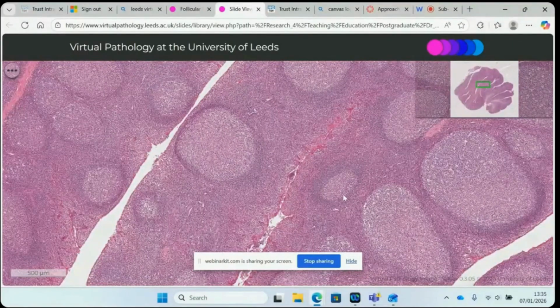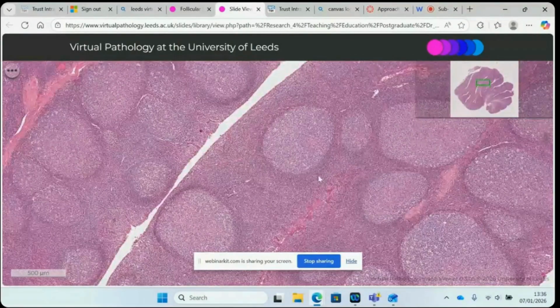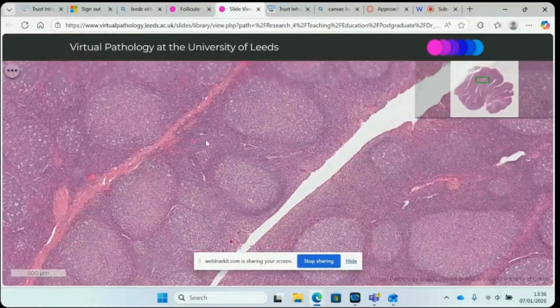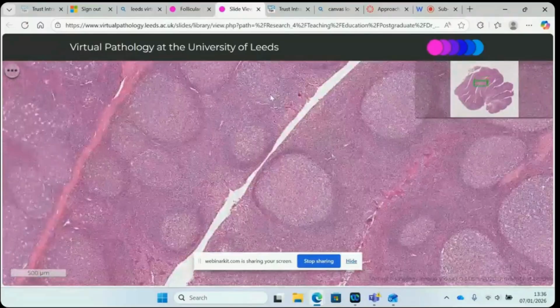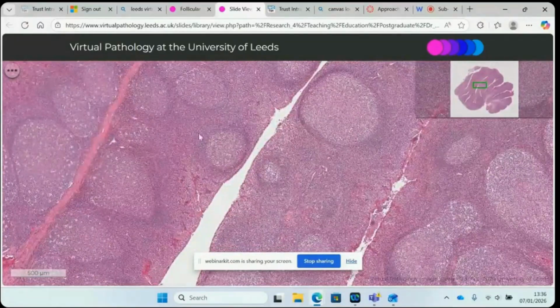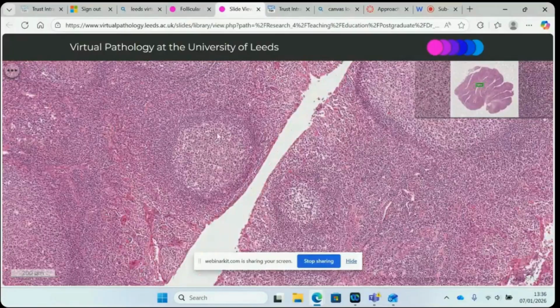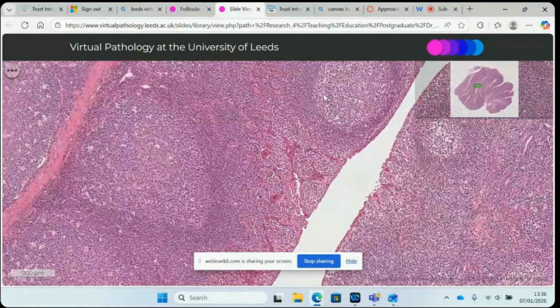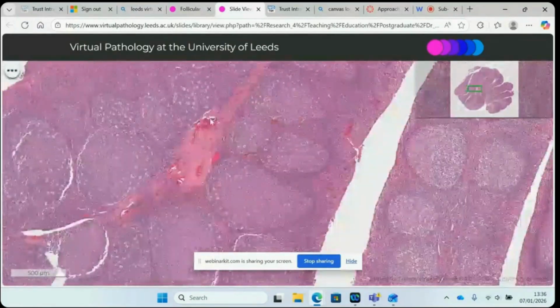That one is thicker there than there. That one is not quite certain, so you've got to look around and take a sample set really. This mantle zone here of small cells is thicker than there, and so on. That's the same in most of these follicles.